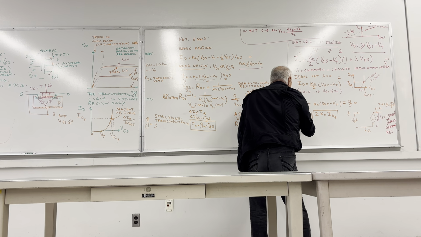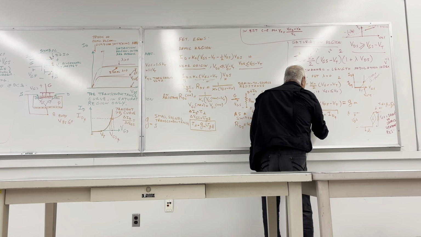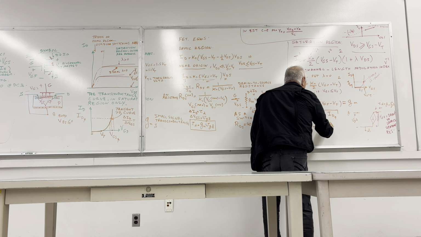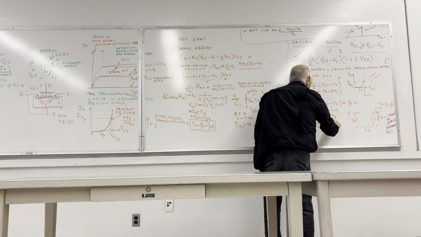RO, let's call it RDS, is equal to VDS quiescent plus 1 over lambda, divided by ID.